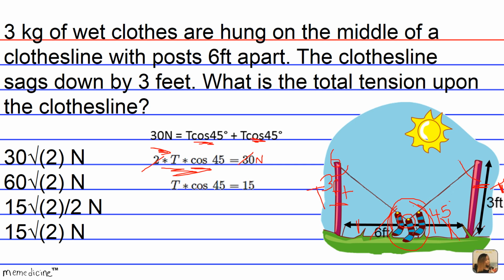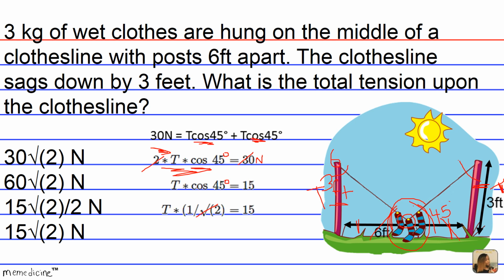And then when we get rid of 2 on both sides, this entire expression will simplify to T cosine of 45 degrees equals 15. So now in order to find tension, all we have to do is divide by the cosine of 45 degrees, okay? So T times the cosine of 45 degrees is going to be T times 1 over radical 2.